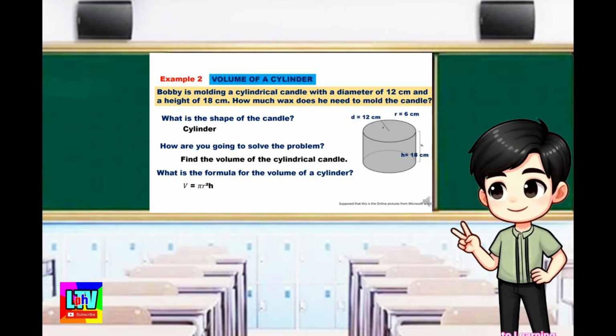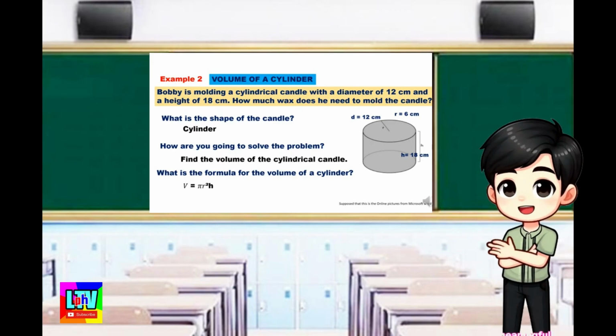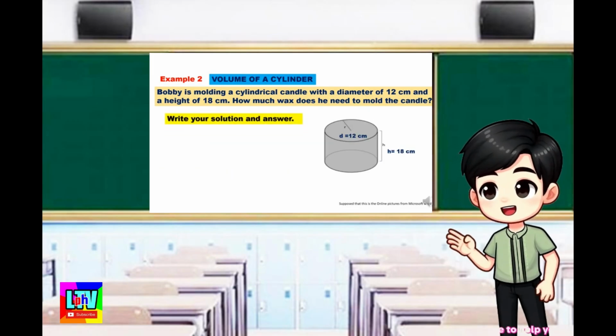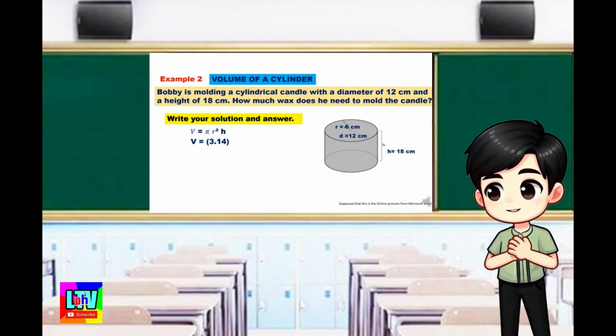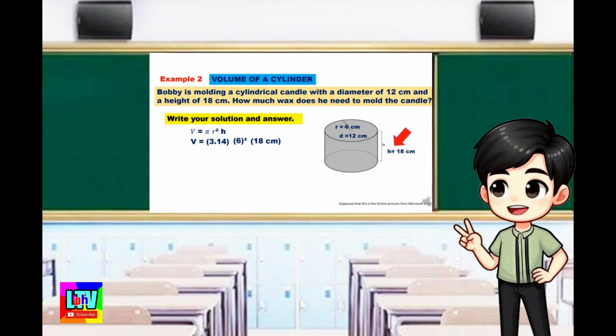What is the formula for the volume of a cylinder? Volume equals pi r squared times height. Your solution then answer using this formula. Pi is 3.14 times radius 6 centimeters and the height is 18 centimeters.